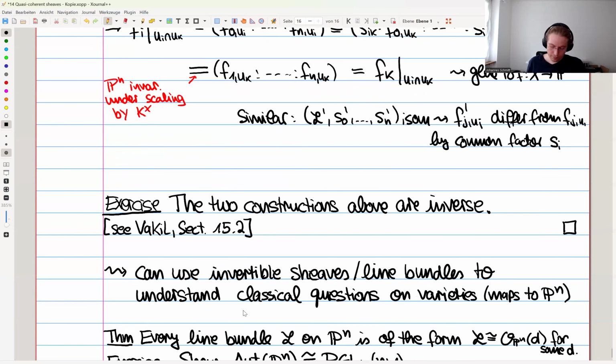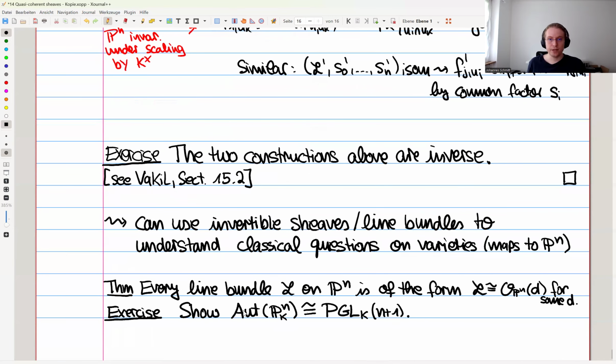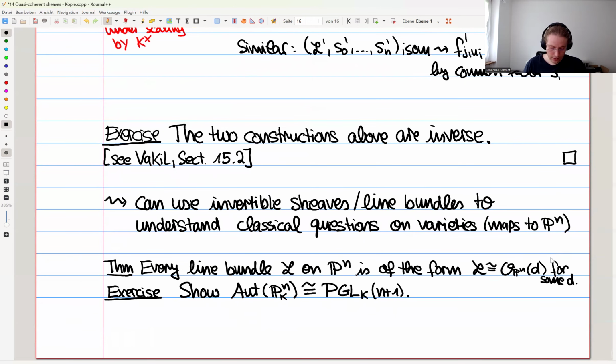And then this can be applied for studying very classical questions like maps to projective space. In particular, the following small application that we might also see in one of the exercise sheets in the last week: there's a theorem which tells you that every line bundle L on projective space is just of the form L equals one of the twisting sheaves.